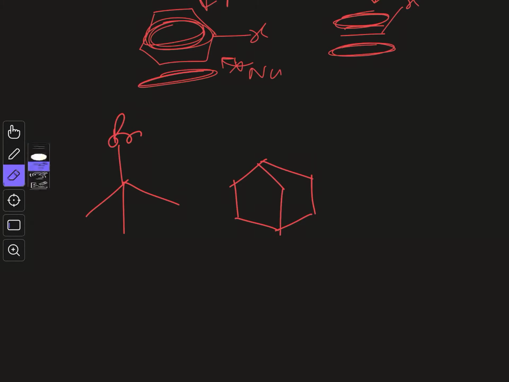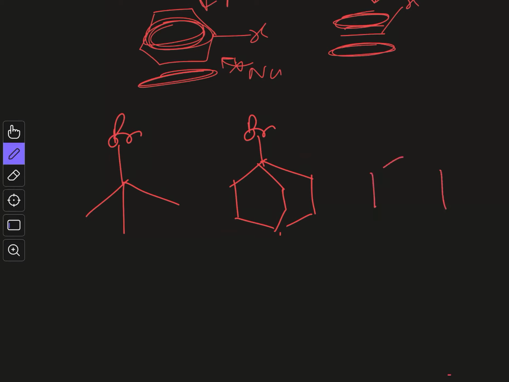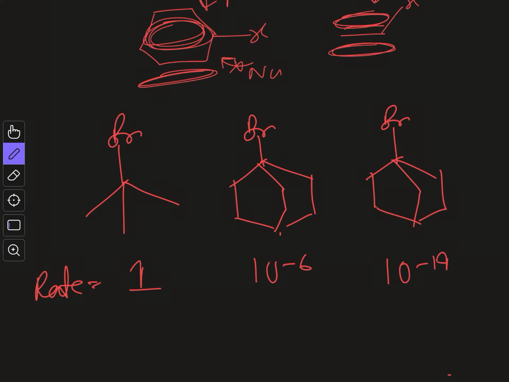So this is another substrate, and this is the other substrate like this. If you compare the rate, let's say this rate is 1, this will be around 10 to the power minus 6, and this will be 10 to the power minus 14. So these are relative rates.